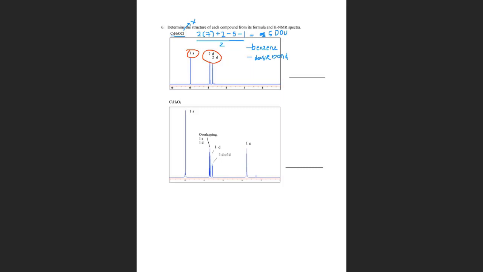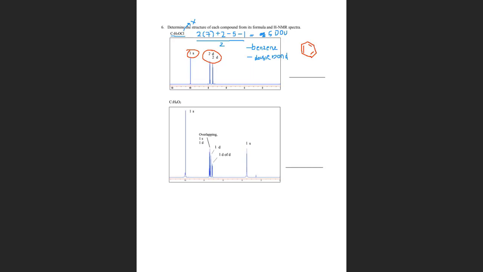Okay, so going ahead with drawing the structure, we could start out with drawing a benzene ring and seeing where everything else fits from there. If you look at the chemical shifts, that also matches up with the benzene shift. So that takes care of 4 of our degrees of unsaturation.